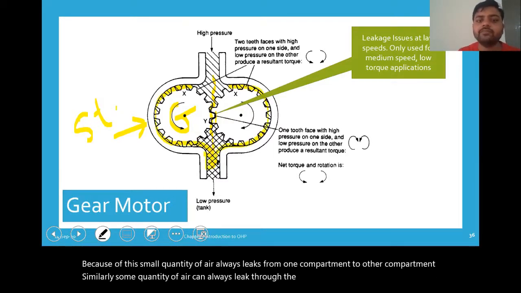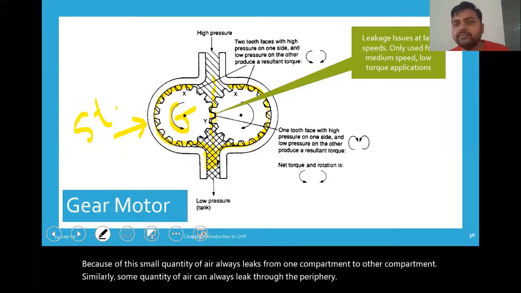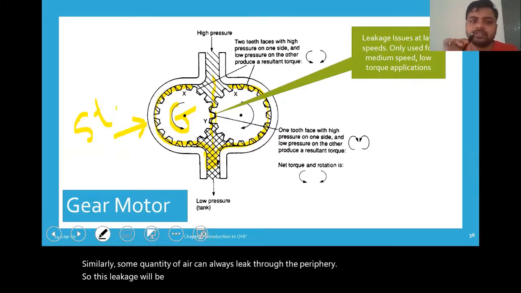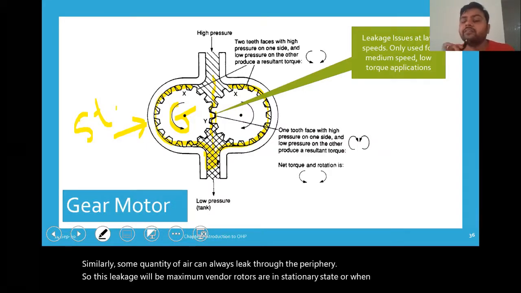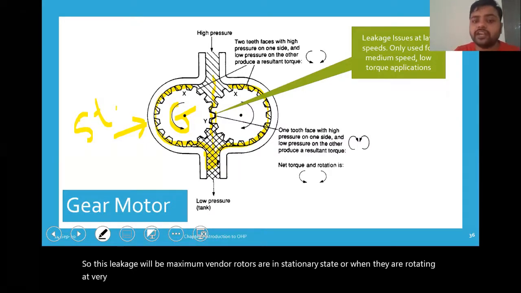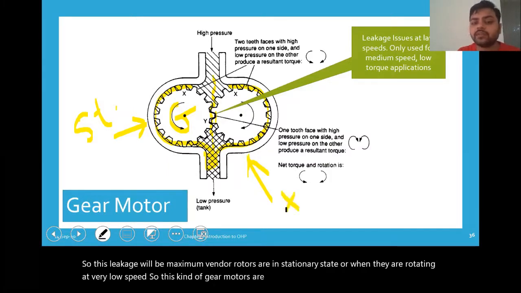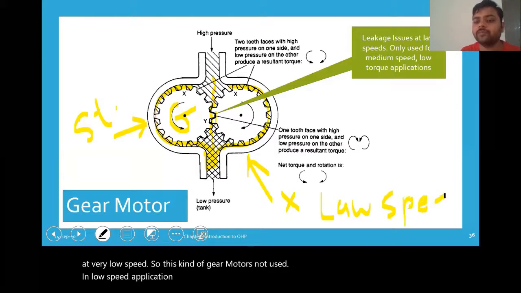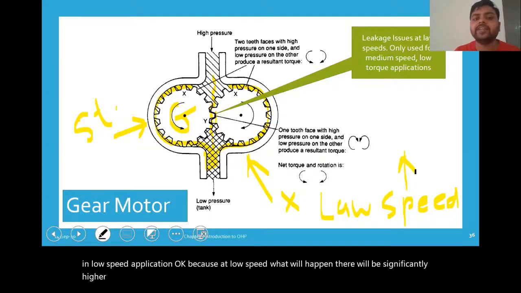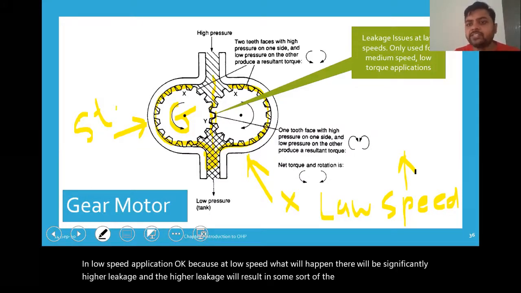So this leakage will be maximum when the rotors are in stationary state or when they are rotating at very low speed. So this kind of gear motor is not used in low speed applications. Because at low speed there will be significantly higher leakage, and the higher leakage will result in very less torque production.